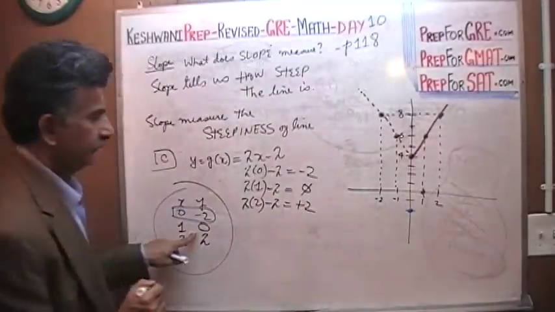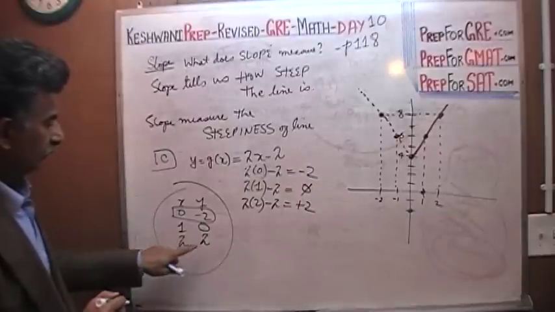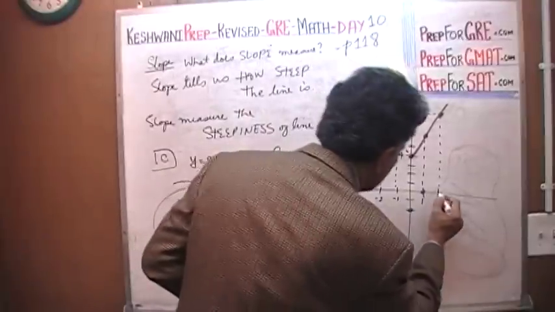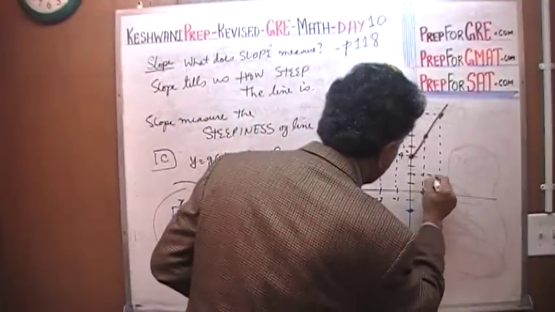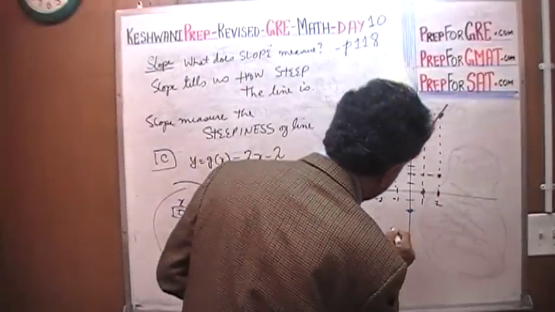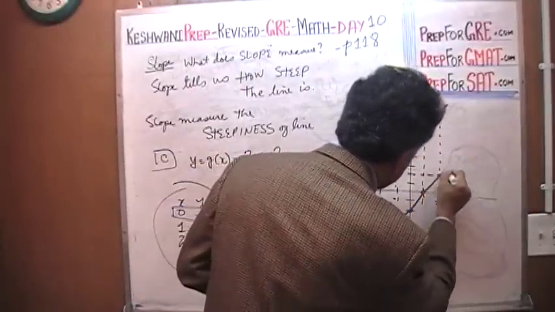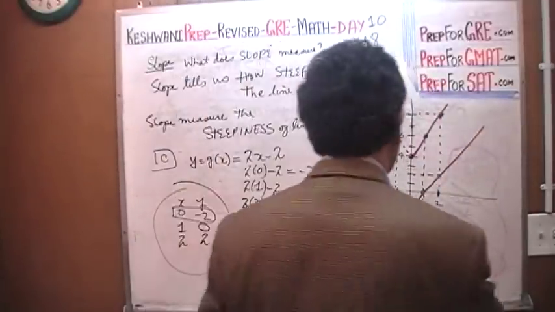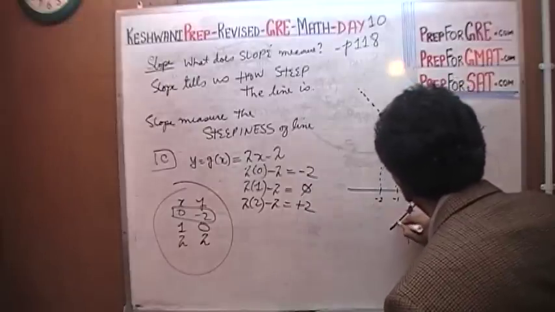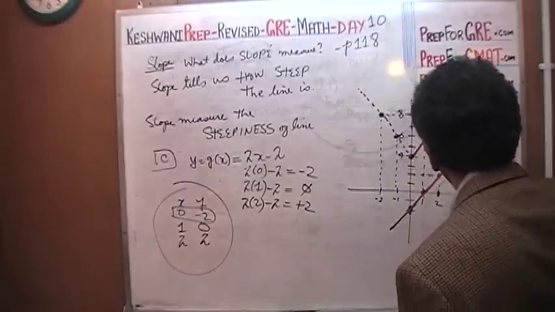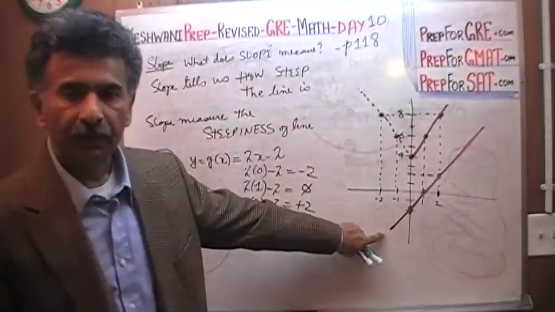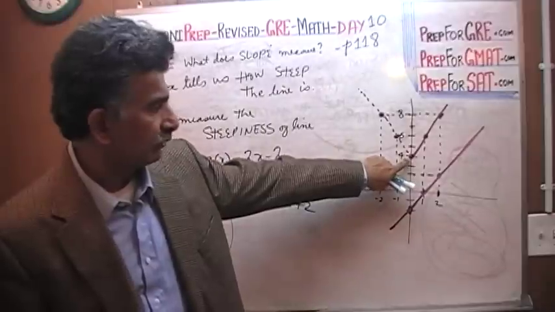That's our second point. When x is 2, y goes up to 2. What we notice here is that the line we just plotted has the exact same slope as that portion over there.